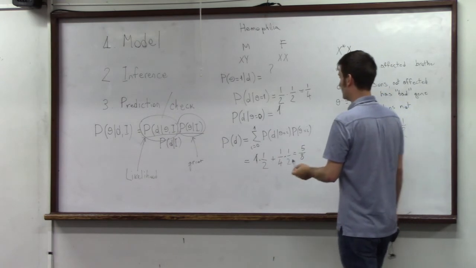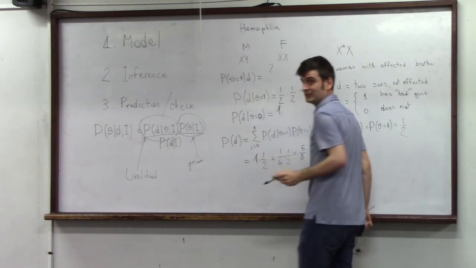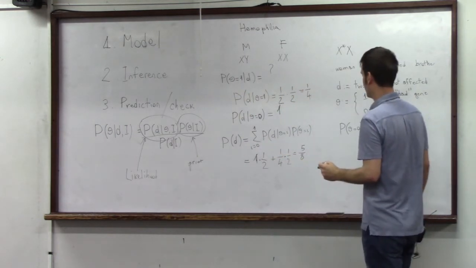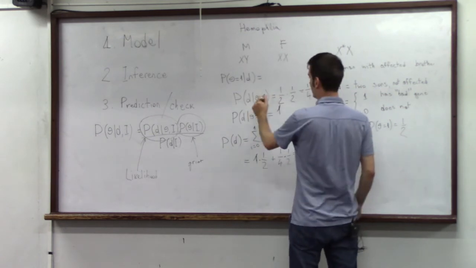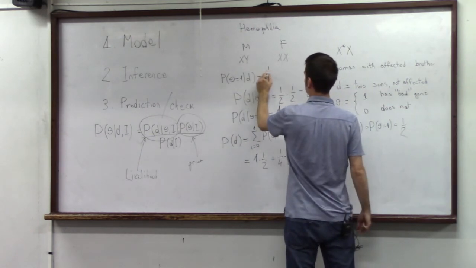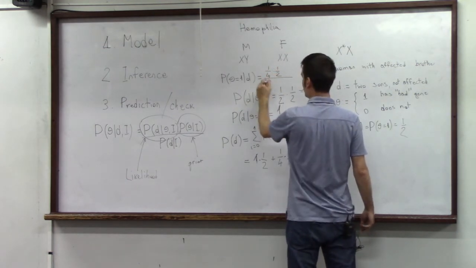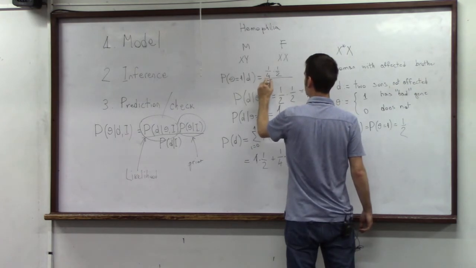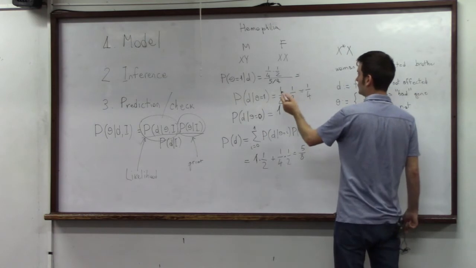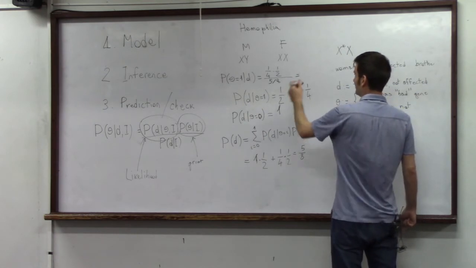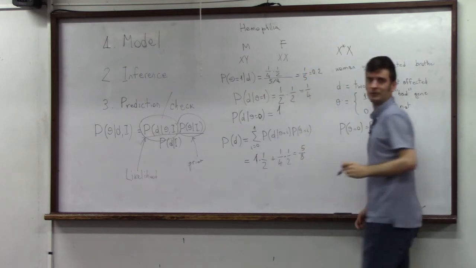So remember we calculated this to evaluate this quantity. So now we can put everything here and write 1/4 times 1/2 divided by 5/8, which is 1/5, 20%.